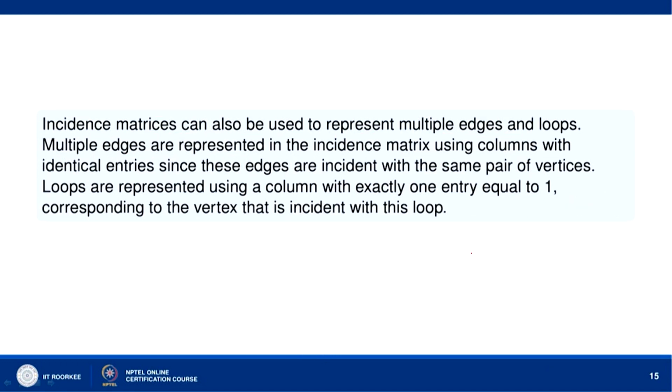Now, let us see, incidence matrices can also be used to represent multiple edges and loops. Multiple edges are represented in the incidence matrix using columns with identical entries, since these edges are incident with the same pair of vertices. Loops are represented using a column with exactly one entry equal to 1 corresponding to the vertex that is incident with this loop.